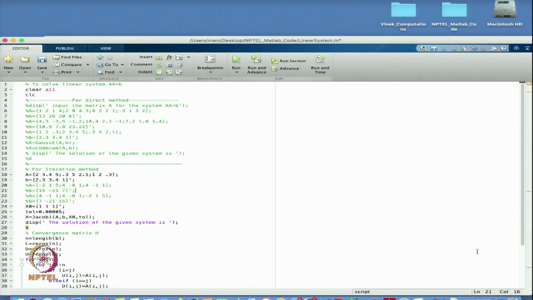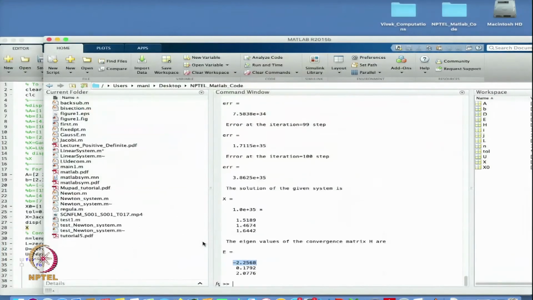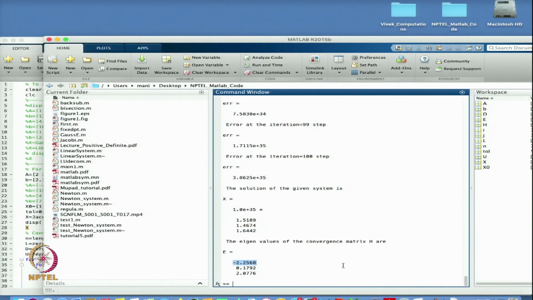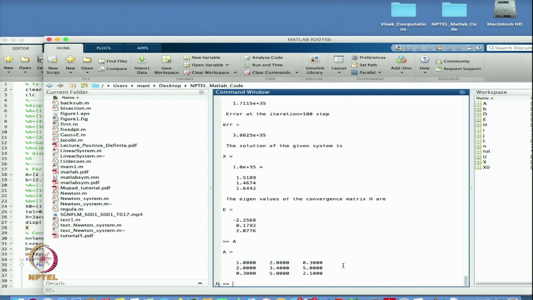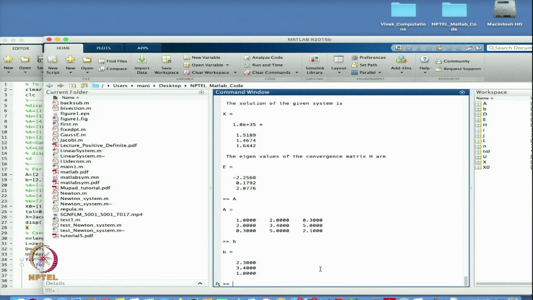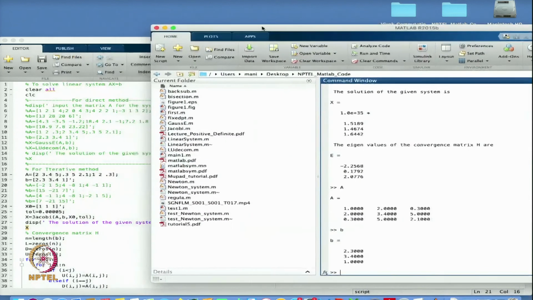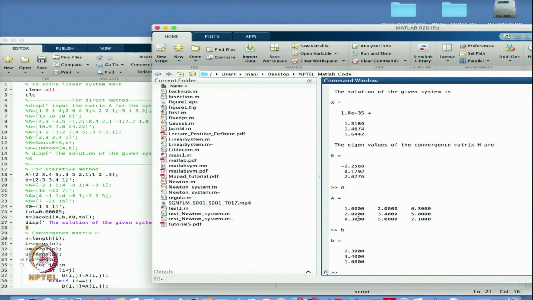So in the previous one, if you see, my A was this one, 1, 2, 3, and my B was this 2.3, 3.4. So now I have changed this one. Now 2, 3.4 this, so 3.4 should be now here.